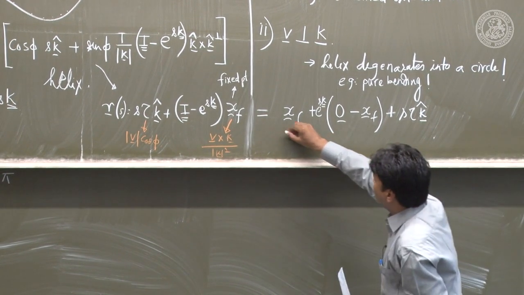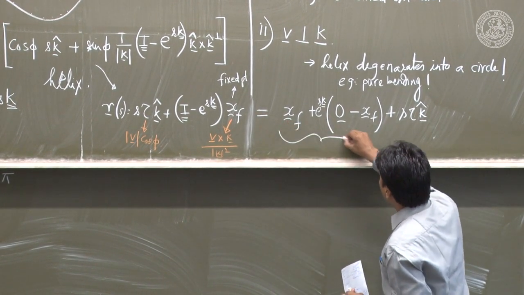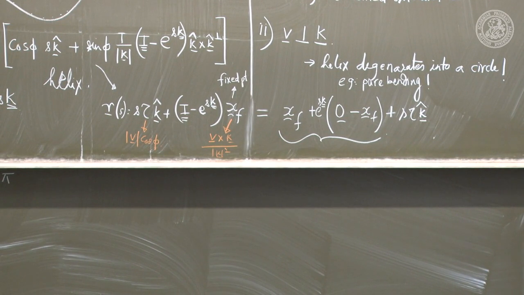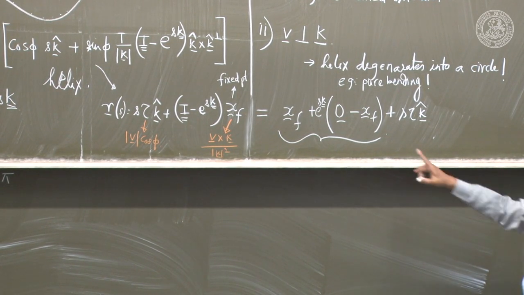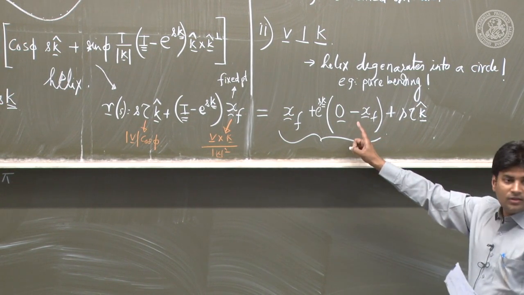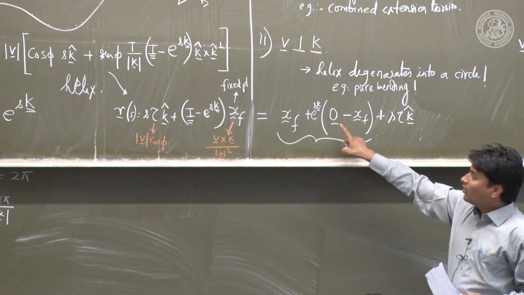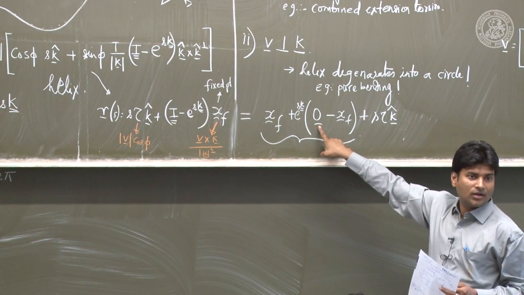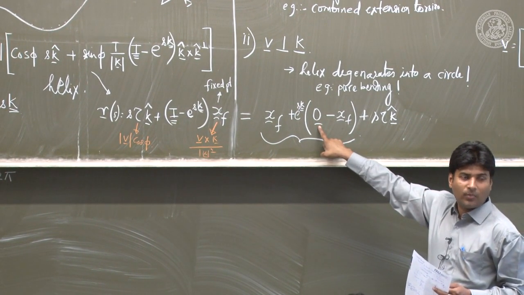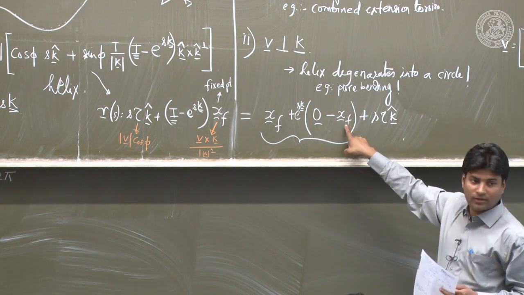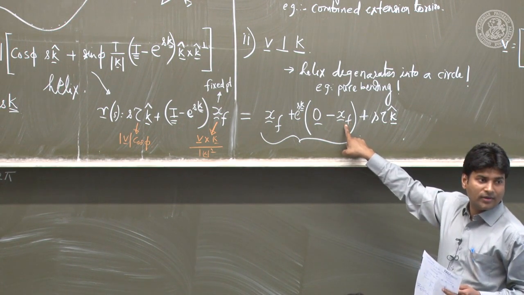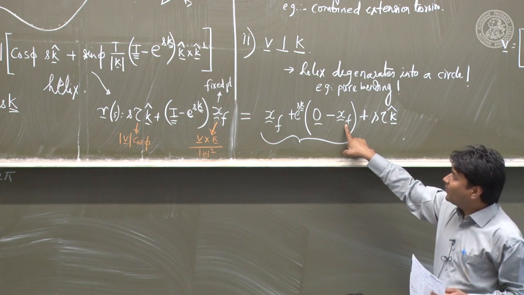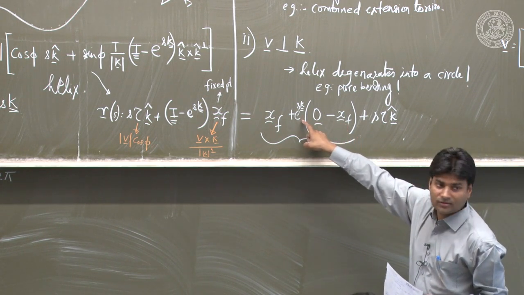And what do the first two terms tell you? This is simply the rotation of the 0 vector about little x f by this rotation matrix.